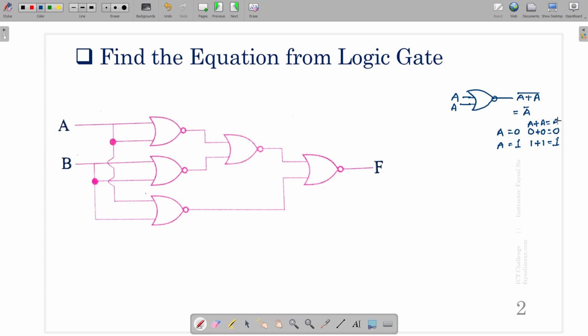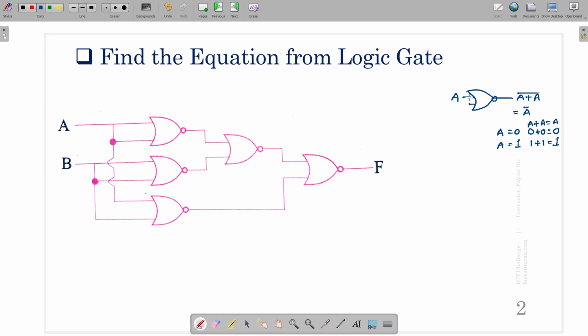If I take the value 0 for A, then the output is also 0, that means we can write A. If I input 1, then we will get 1, that means we can write A. That means A plus A we can write as A, and the bar remains the same. That means this is A bar. And also we can make a simple change in this line.